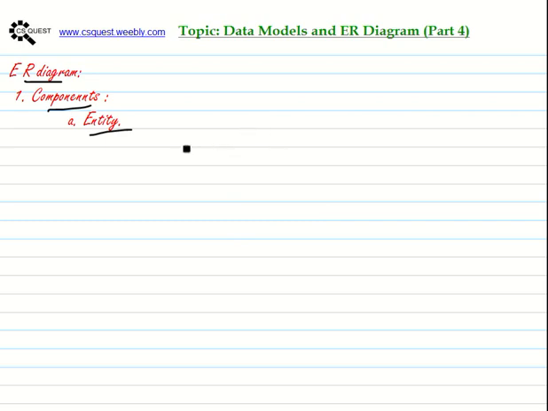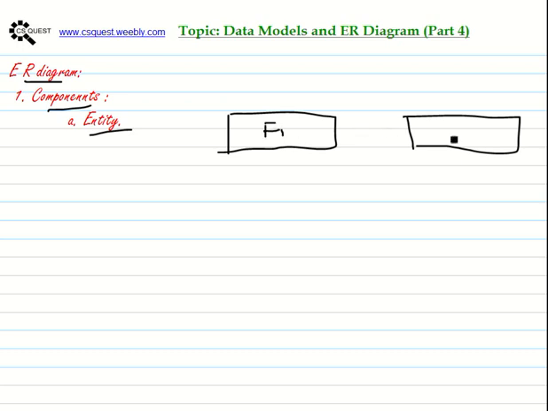Suppose I have two families, family 1, F1, and this is family 2. An entity is generally represented by boxes, so rectangles.